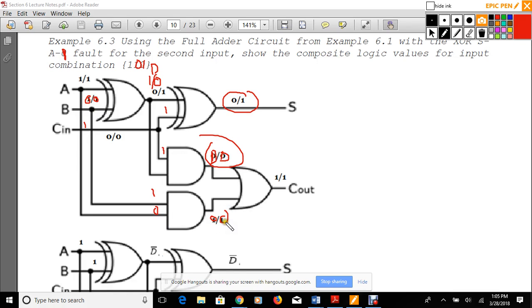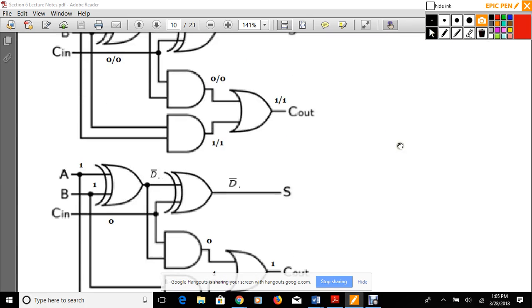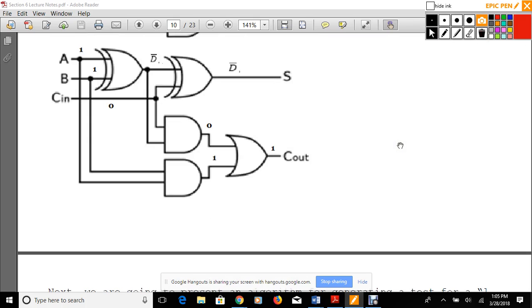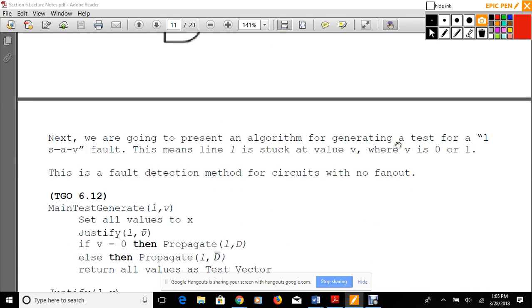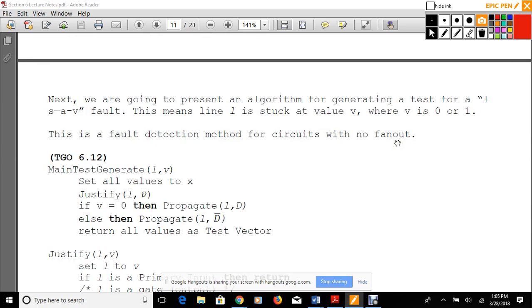So D or 0 becomes D. See how it works? So it's the same fault with a different set of input combinations that'll give us a different output. So next we're going to present this algorithm.